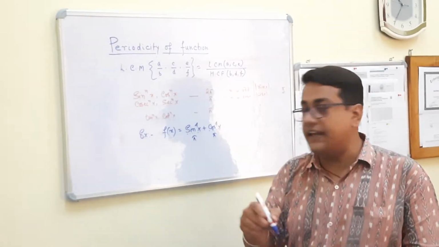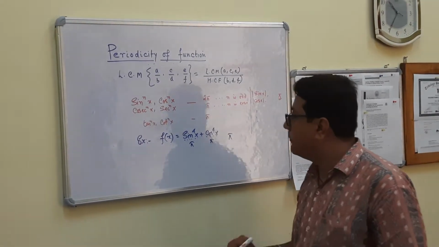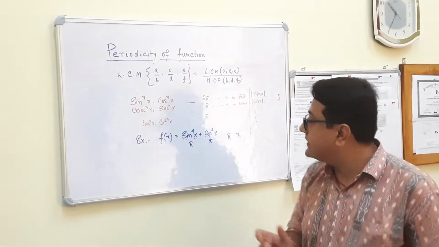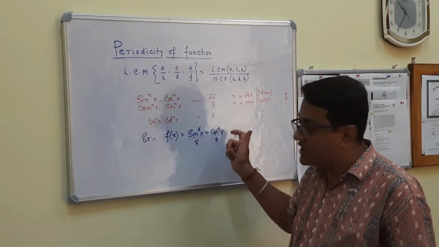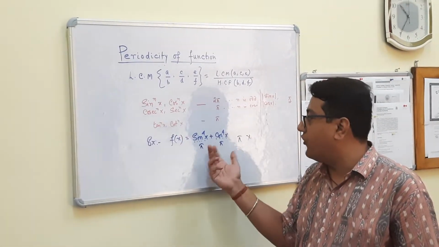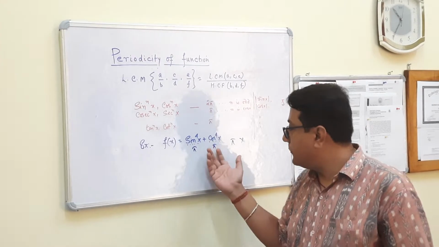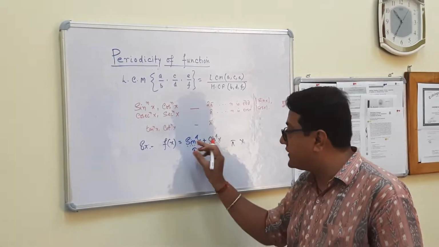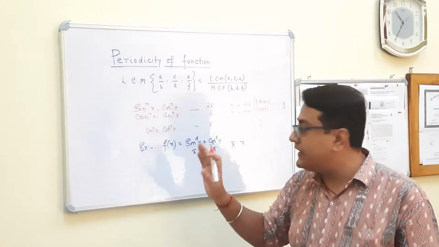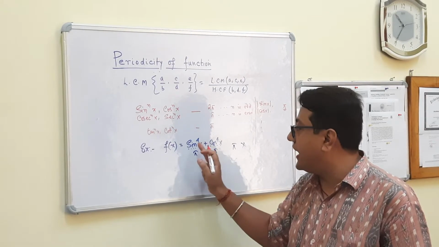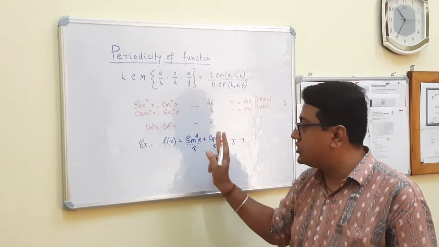So the LCM of pi and pi would have been pi, but the answer is not pi. That means we have to make a check. Whenever we have trigonometric functions and follow the LCM of the individual periods, we always make a check, especially when we have linear combinations of sine and cos. We may not do it for sine and tan or other combinations.